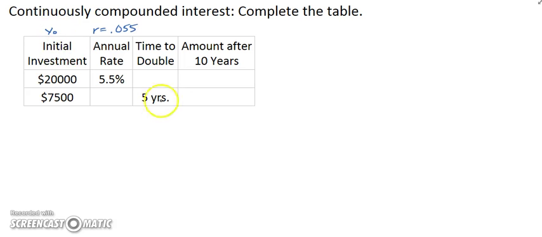In fact, I think we'll go ahead and run through the first one here. So if Y is Y sub 0 e to the kt, you can say that your initial investment is $20,000. You want to find the time to double.